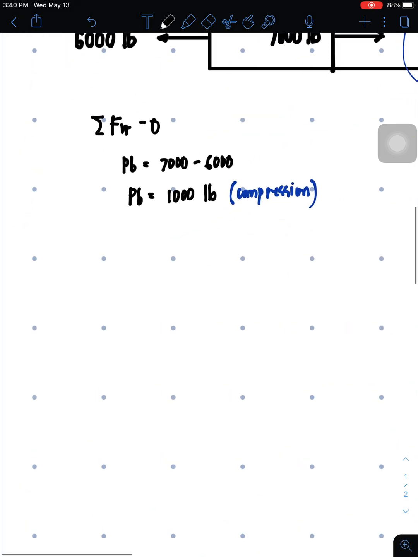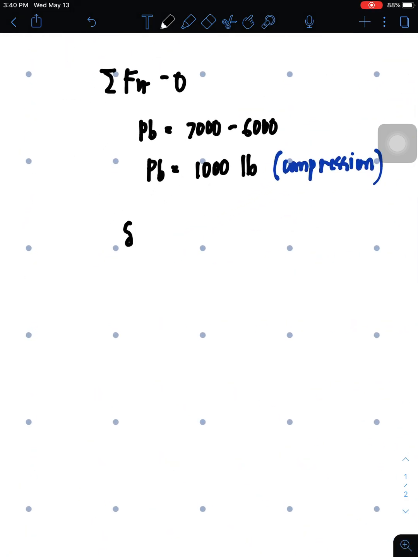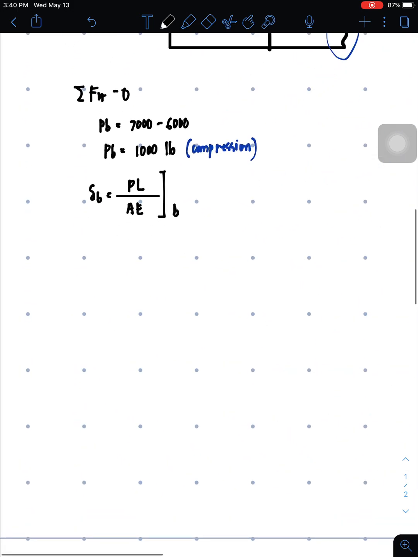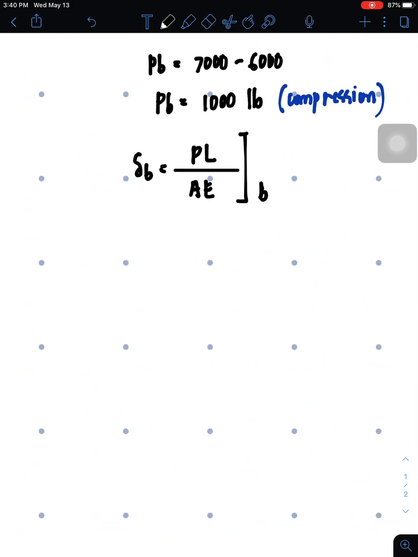So we now find its stress and its deformation. The deformation of B is just equal to PL over AE. But of course, this is for section B, so we specify there.